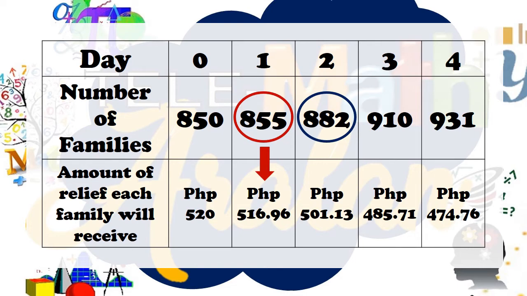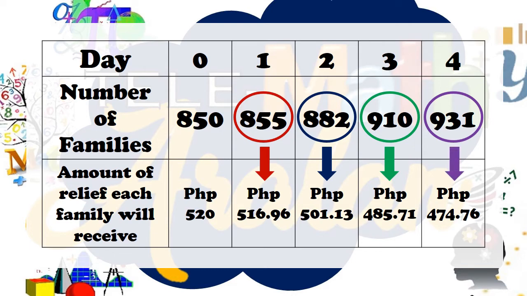Then the amount of relief will be changed to 501.13 pesos. After the third day, the amount of the relief will be 485.71 pesos, and after the fourth day, it will become 474.76 pesos. Notice that as the number of families increase, the amount allocated per family decrease.